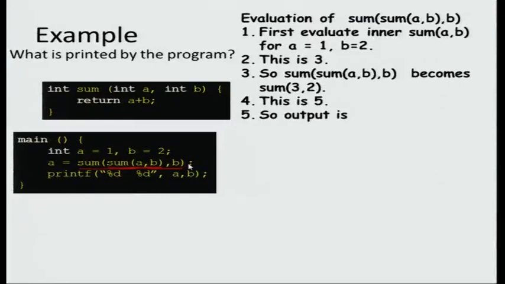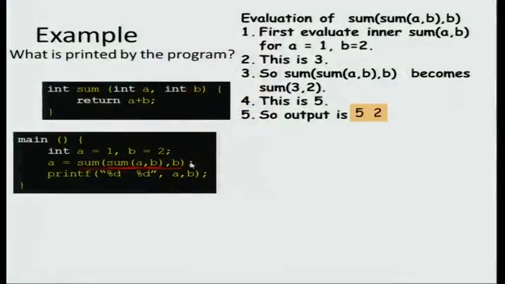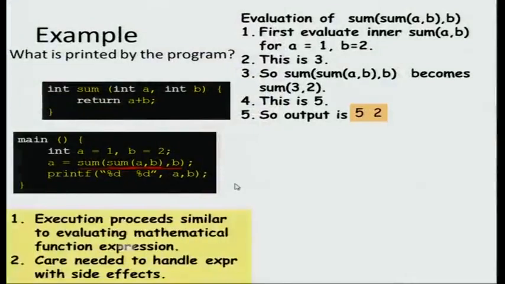So a is 1 and b is 2. So that will return 3. Then you add b again to it. b is 2. So you have 5 as the total sum. So the complete output is a will be assigned 5 and b is still 2.